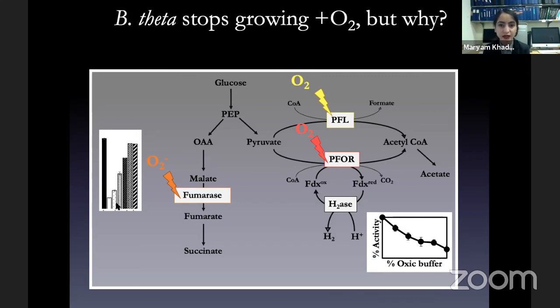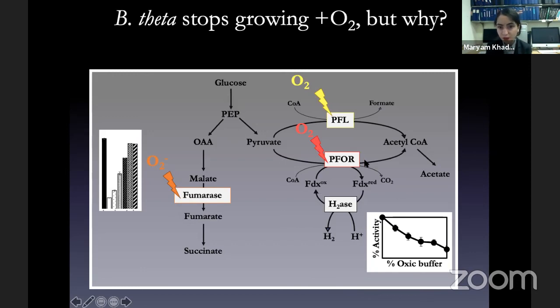And we believe that in normal conditions where B-theta experiences oxidative stress, when it is exposed to O2 itself, it would probably be at lower concentrations, not the full 20% oxygen that is in the air. And at lower concentrations, it manages to maintain some activity of PFOR.